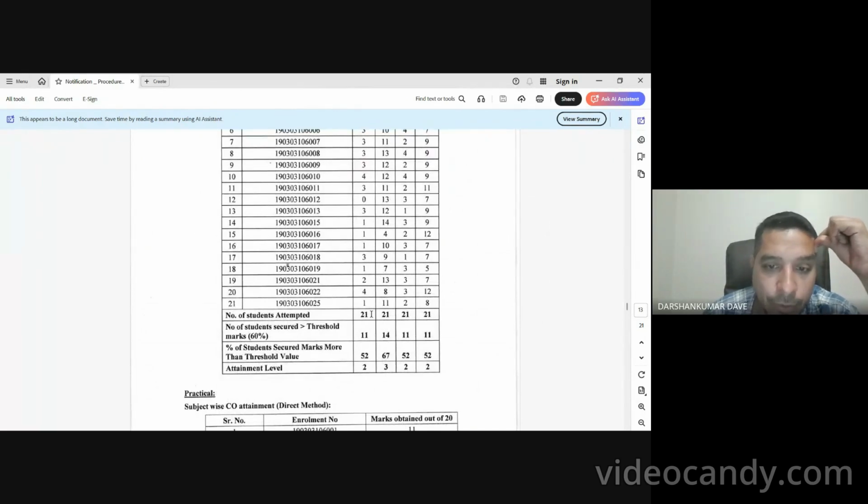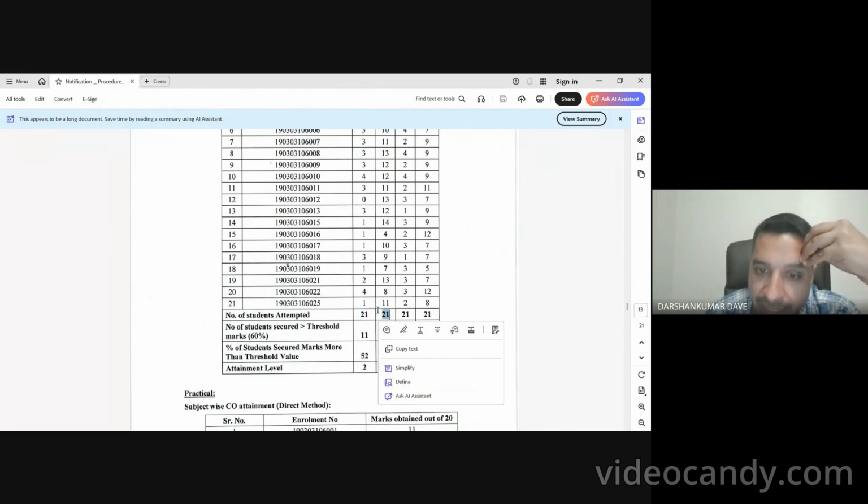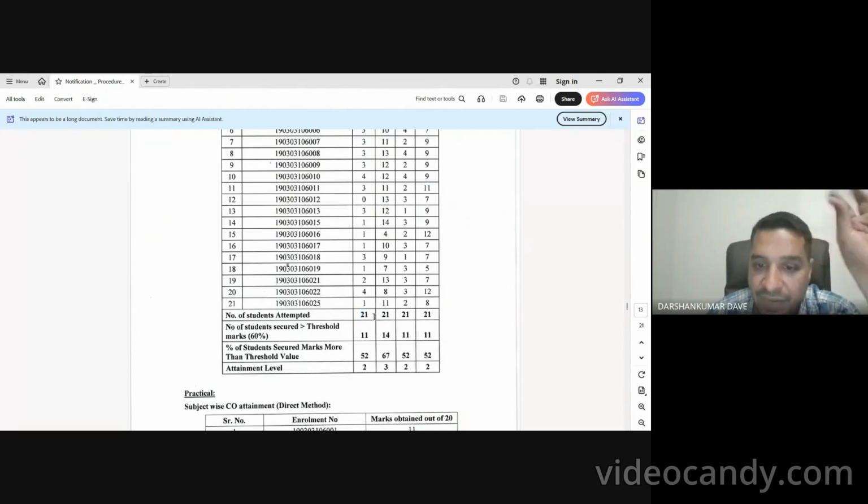Here they have seen that a total of 20 students have attended the course. It is possible that some students may not have attempted any question related to CO1 or CO2 or CO3, so this number may be 20 as well, or 19. Right? It is fine. That number is supposed to be considered for the percentage.